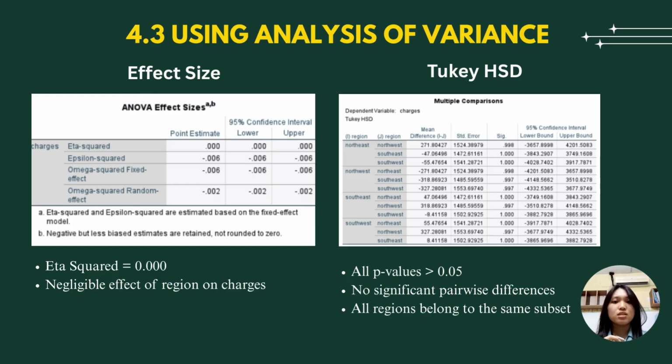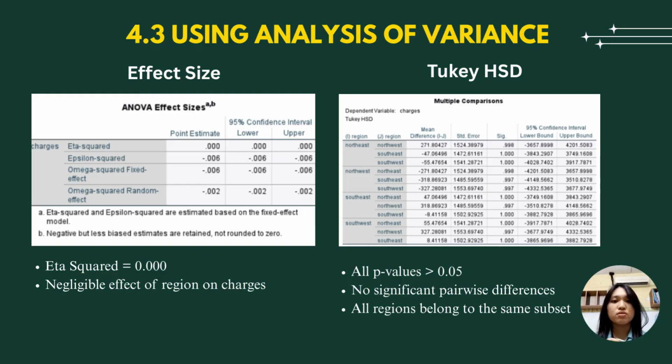The effect size analysis shows an eta squared value of 0.000, indicating that region has a negligible effect on insurance charges. The post hoc test also found that all pairwise comparisons were not statistically significant, and all four regions belong to the same homogeneous subset. Therefore, it can be concluded that there is no significant difference in life insurance charges among the four regions.